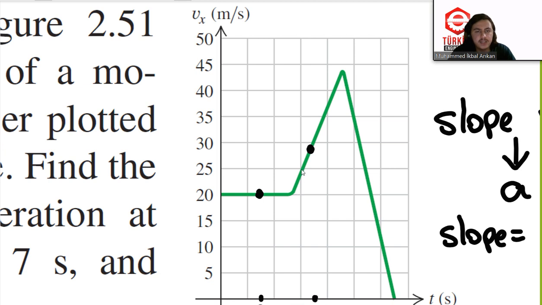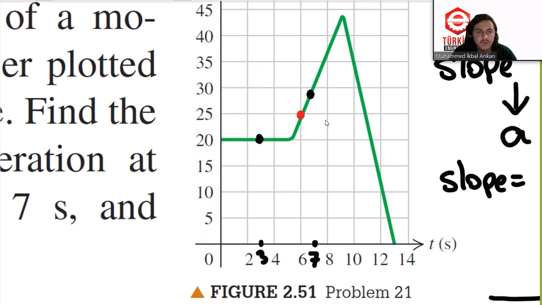I can select this and another point at 8, where our velocity is 36 meters per second, and here I have 25.